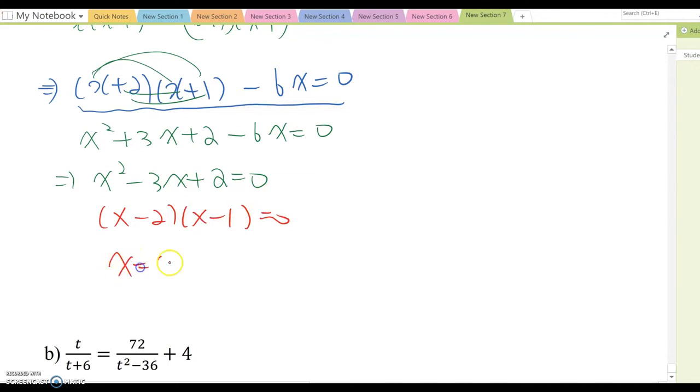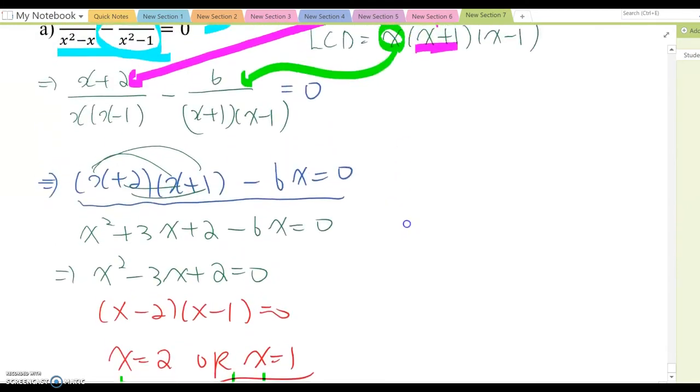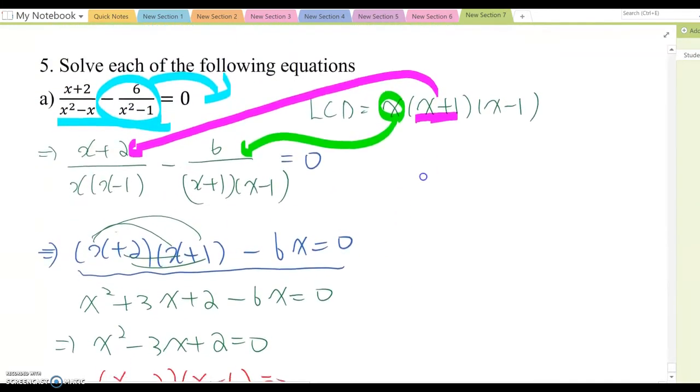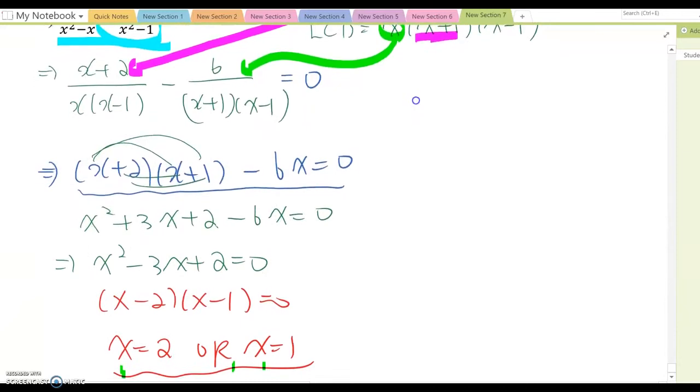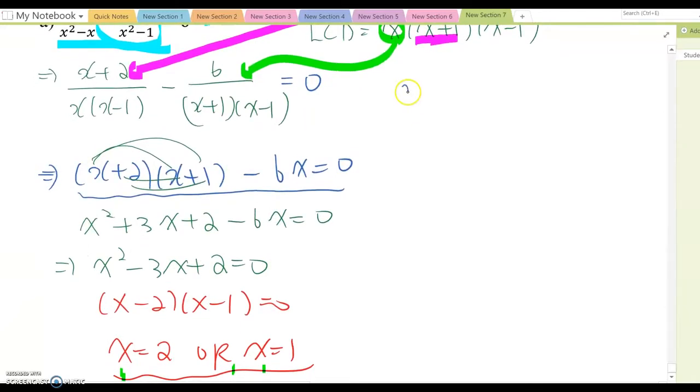Therefore x equals 2 or x equals 1. However, you cannot finalize the answer yet, because we have to check whether either answer or both of them make any denominator equal to 0.